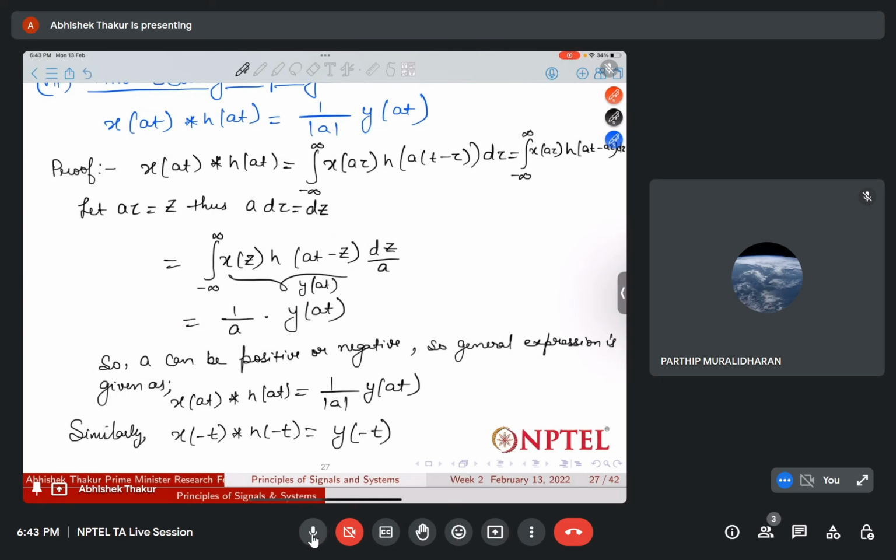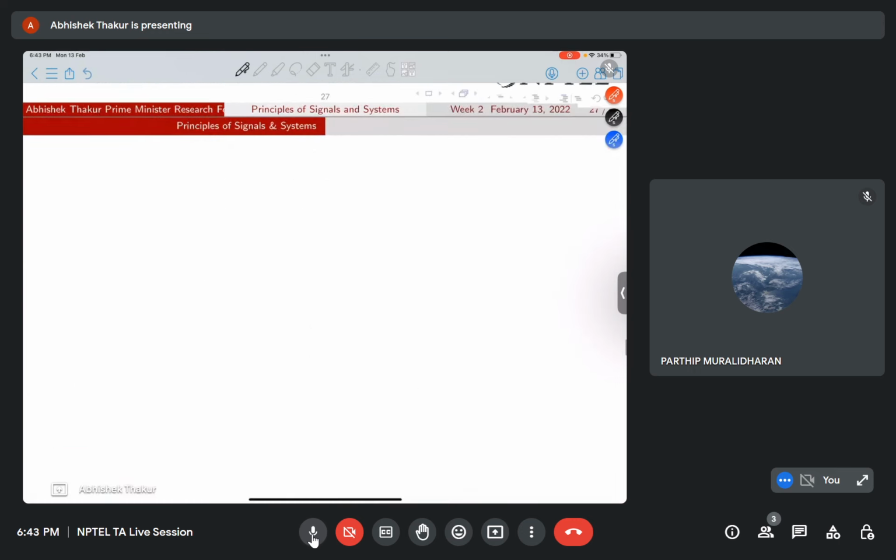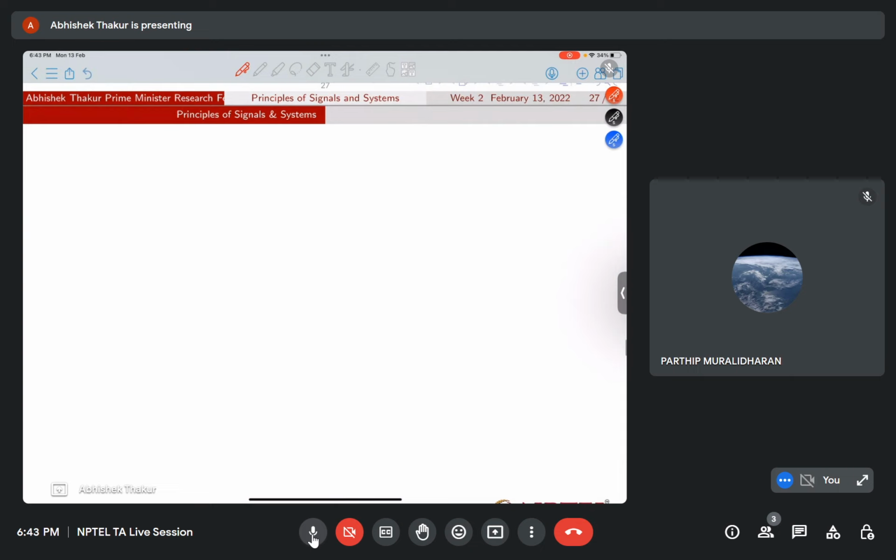Now we will see the general convolution of two rectangular pulses, like convolution of two rectangular pulses with equal width. Because this is very common in GATE examination, so we have to see this.